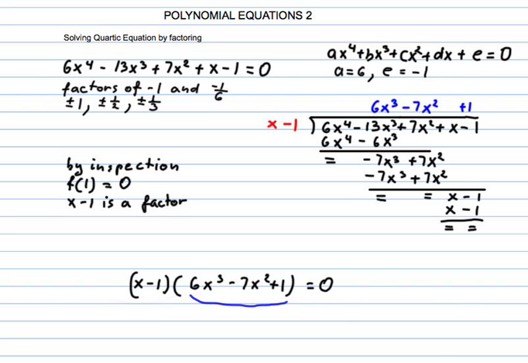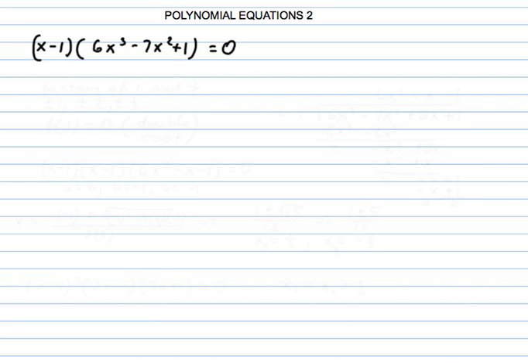The next step obviously will be to work with the cubic. The cubic polynomial also has a non-1 leading coefficient and the constant is 1, so the factors of the constant are -1 and 1, and we have the same factors of 1 over 6.